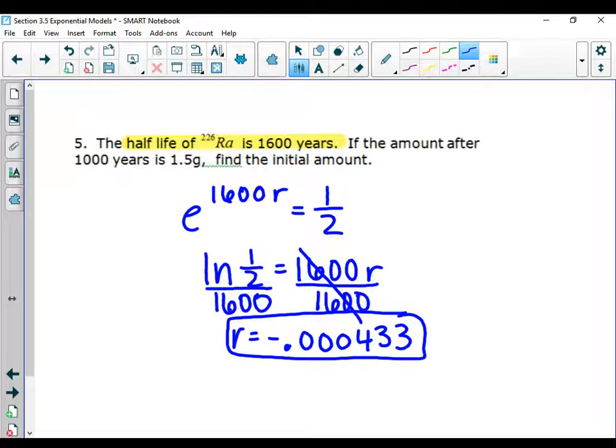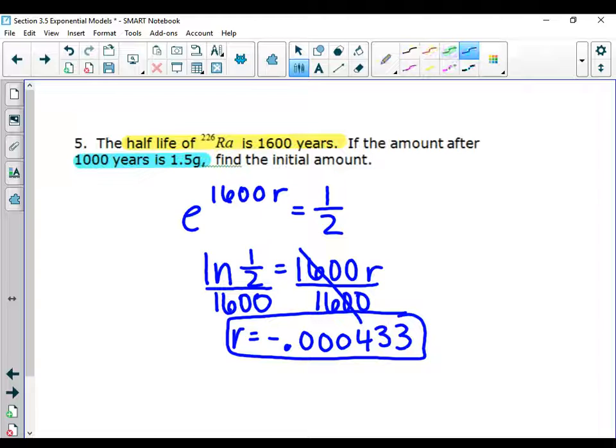So if you notice there's an E and a -4 off to the right-hand side, that means we move our decimal 4 places to the left. That's why I have those extra zeros up there. Okay.